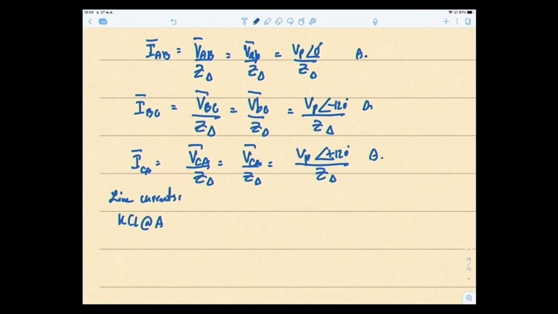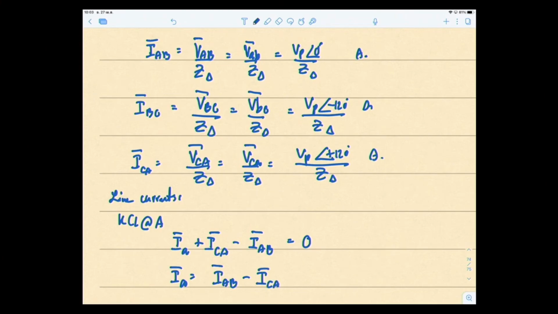So KCL at A, you would have IA going into the node A, so positive, ICA going into the node also, so positive, and IAB is leaving the node A, so negative, equal to 0. So therefore IA, the line current A, would be equal to IAB minus ICA.